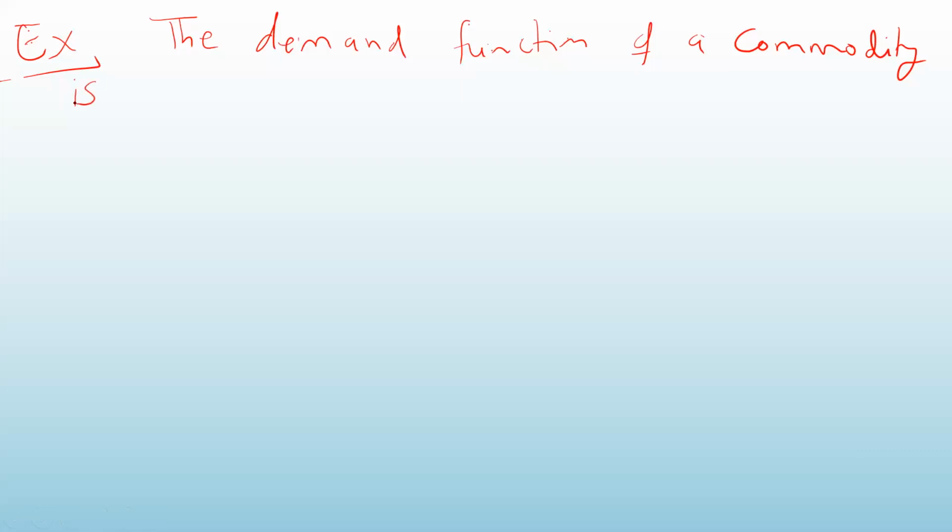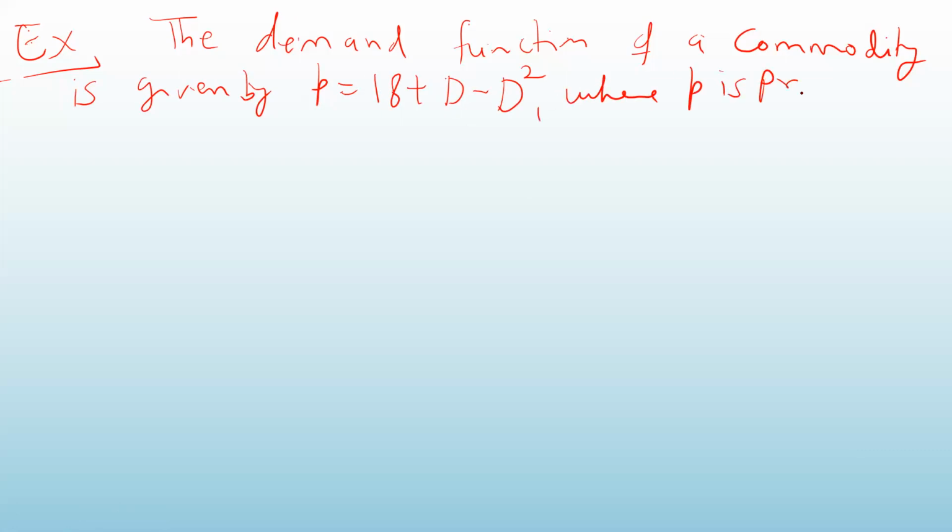It is a relation between price and demand, correct? So is given by P equal to 18 plus D minus D square. So the expression which relates price and demand is called as a demand function. You know where P is a price and D is the demand. That you know. P is price and D is demand.